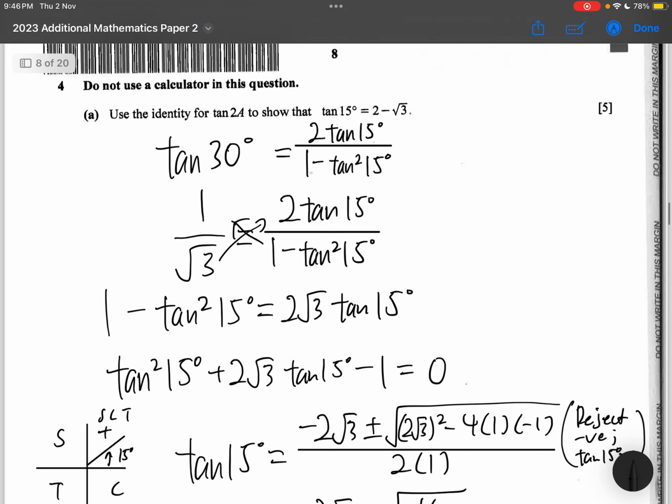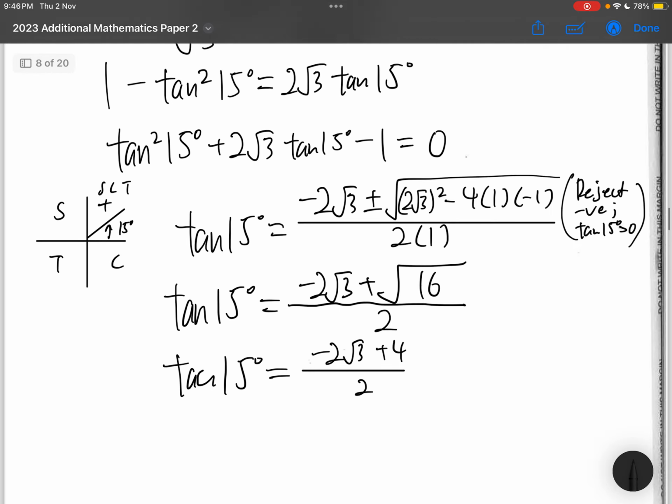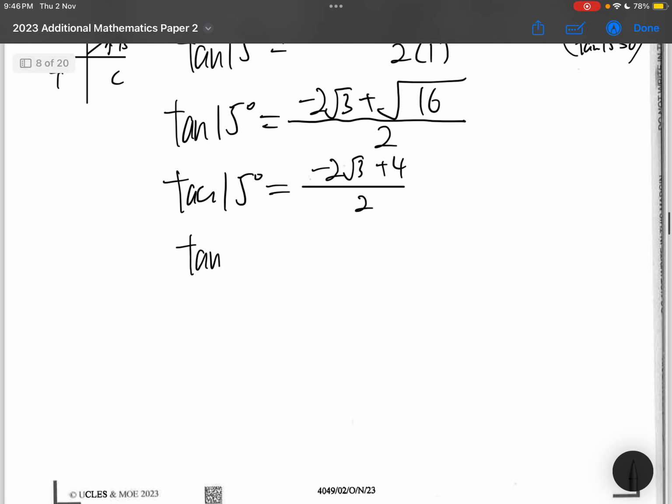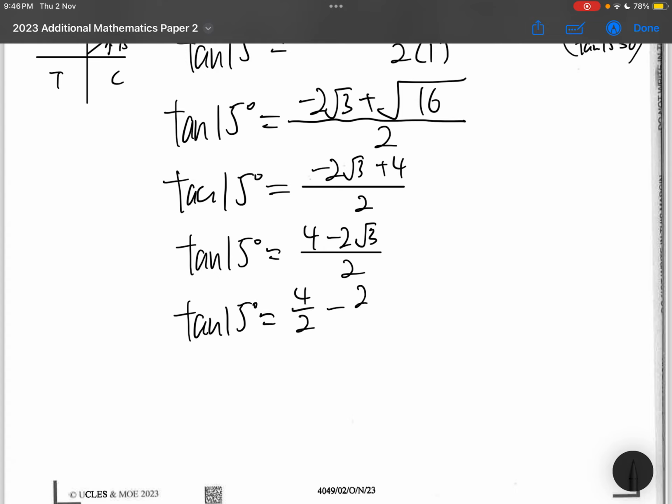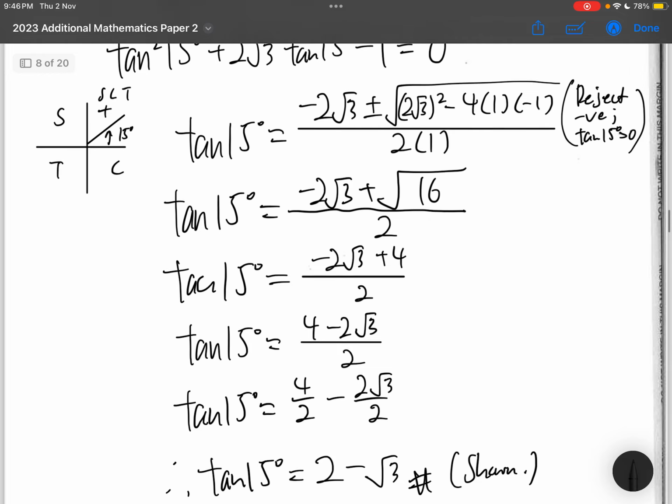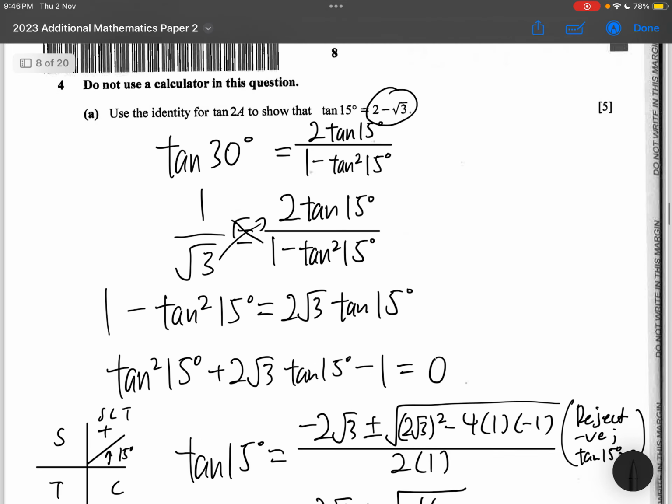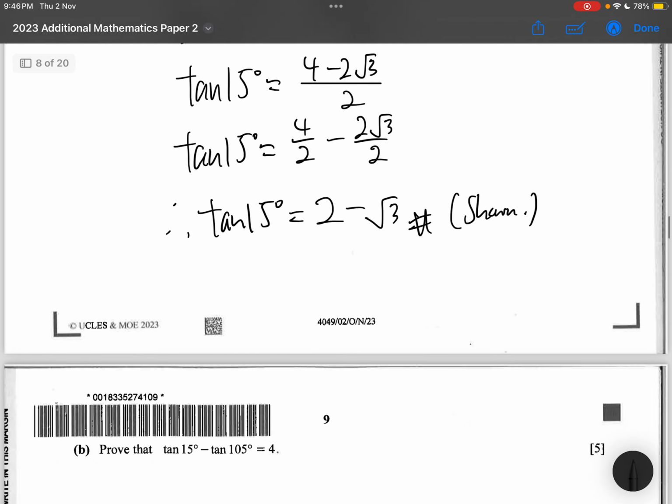And I want to rearrange it to this form over here. So it should be 4 minus 2 square root 3 over 2. We will split it into two separate fractions. And in the end, tangent 15 degrees is 2 minus square root 3. And I've already shown that tangent 15 is 2 minus square root 3.